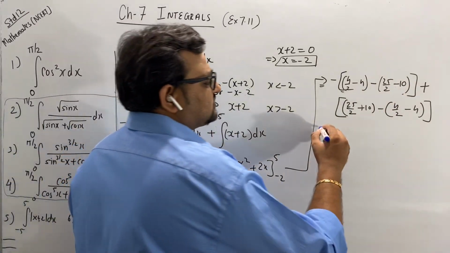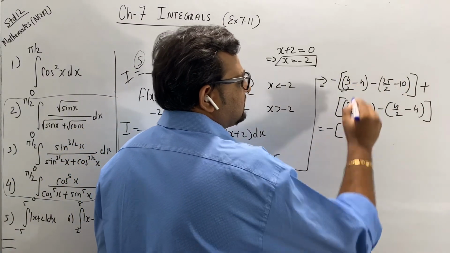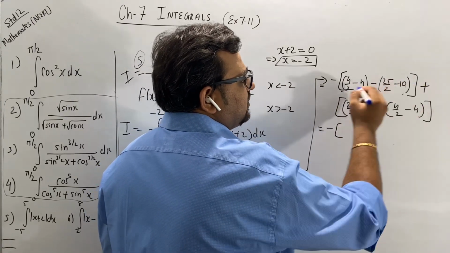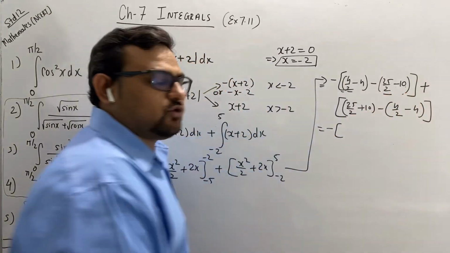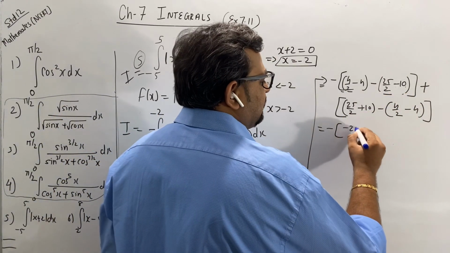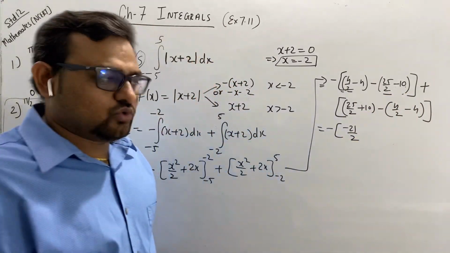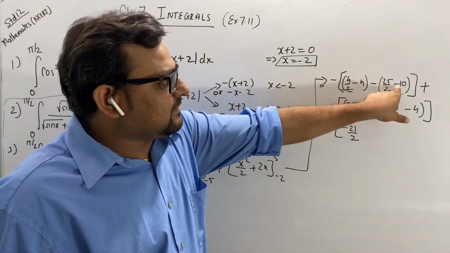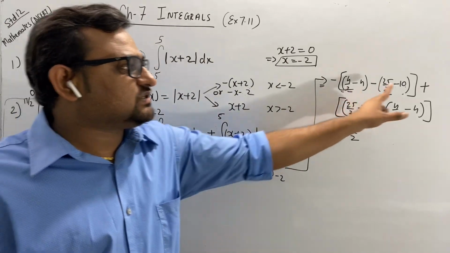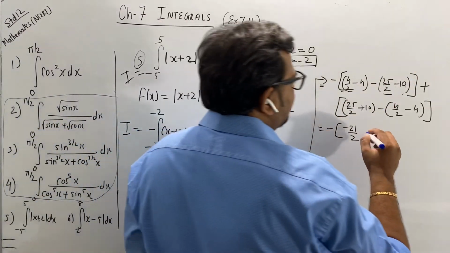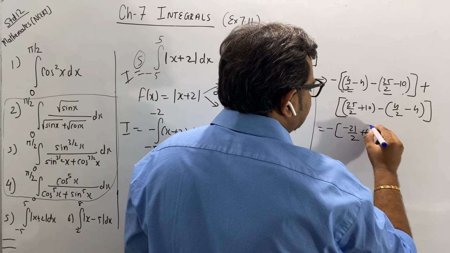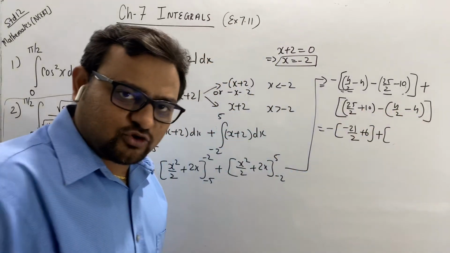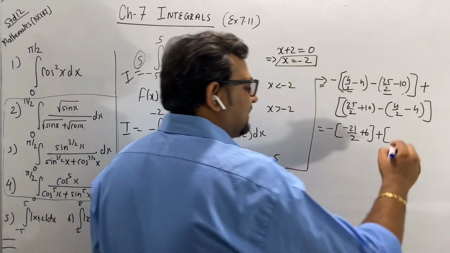Clear? So now see this, minus 4 by 2 minus 4 minus 25 by 2. So 4 by 2 minus 25 by 2 will be minus 21 by 2. Clear? Minus 4 minus minus plus. So minus 4 plus 10, it will be plus 6, plus 25 by 2 minus 4 by 2, right? So it will be 21 by 2.